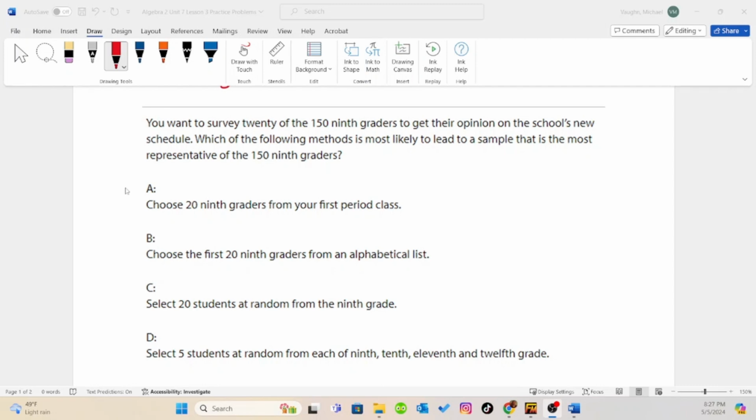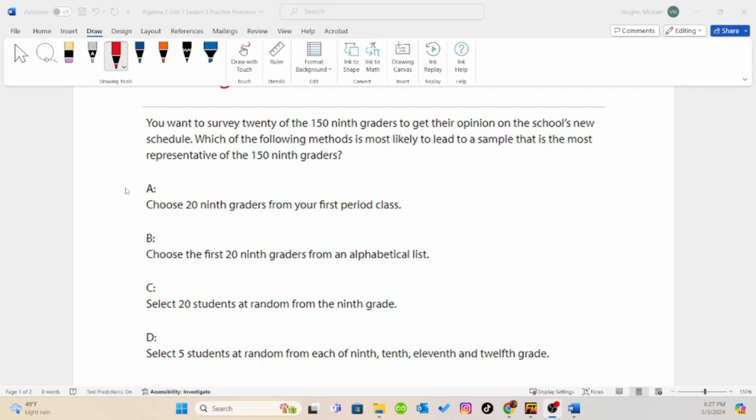Choice A. Choose 20 ninth graders from your first period class. Choice B. Choose the first 20 ninth graders from an alphabetical list. Choice C. Select 20 students at random from the ninth grade. And choice D. Select 5 students at random from each of the 9th, 10th, 11th, and 12th grade.